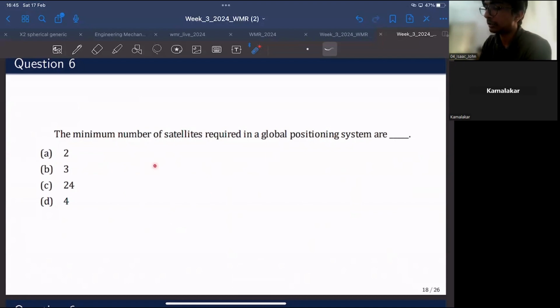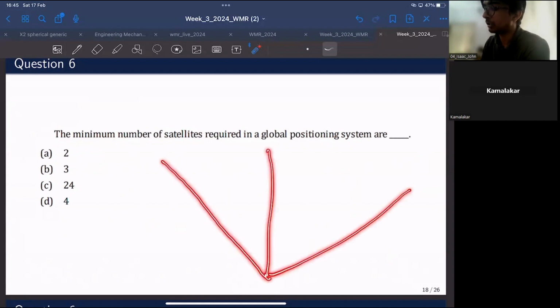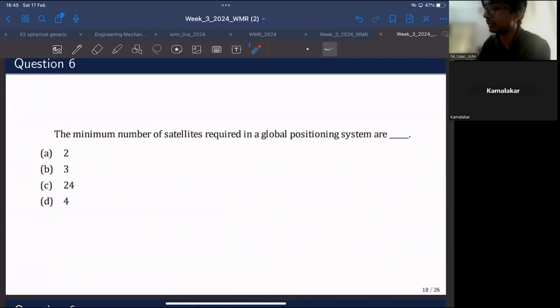Some number of satellites transmit signals to a receiver on Earth, and based on the time it takes for the receiver to get the signal, it narrows down the position of that receiver to a very accurate value. So what is the minimum number of satellites for the system to work? Is it 2, 3, 24, or 4?